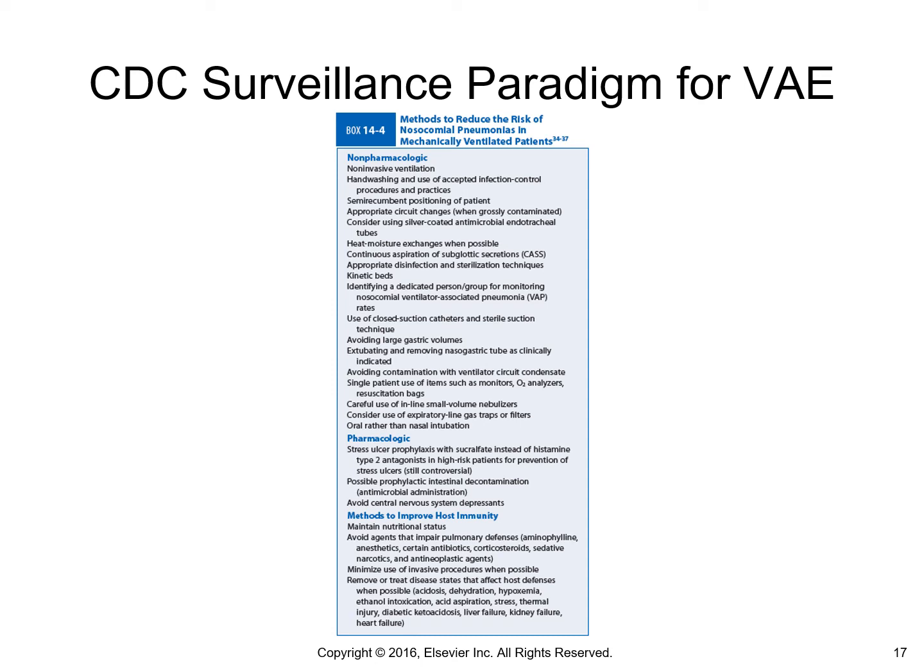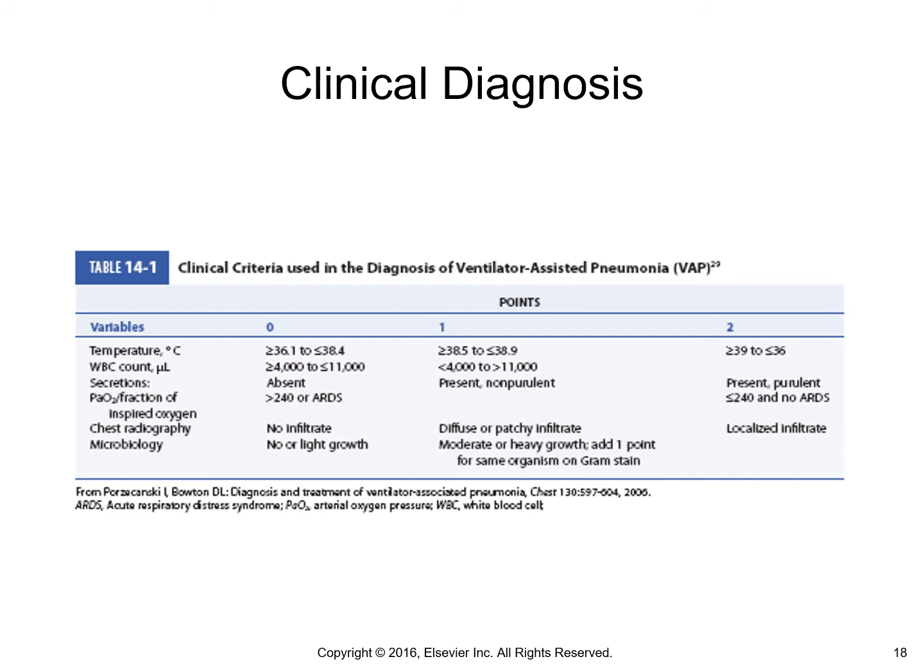This again is looking at some of the CDC surveillance, and what could be the different causes of the VAPs. And then here was that other clinical criteria that they use to help score it. You'll have a little assignment related to these different scores.